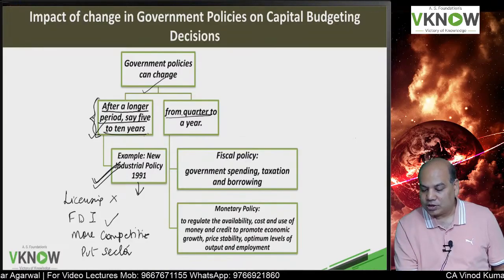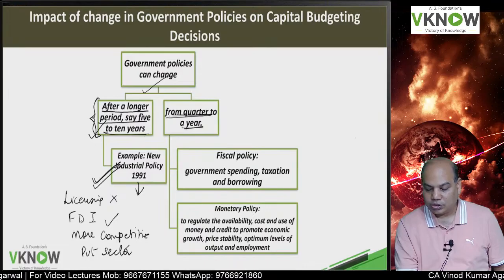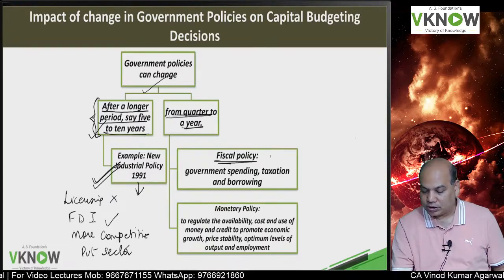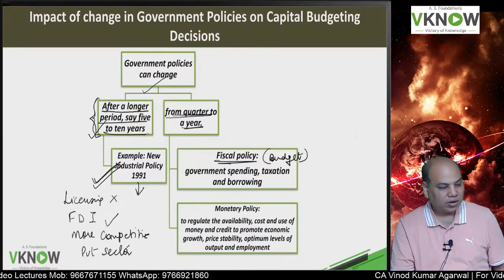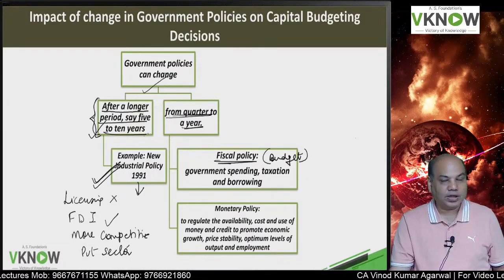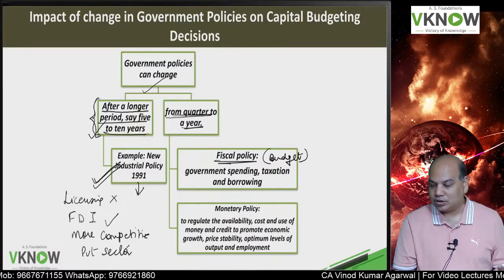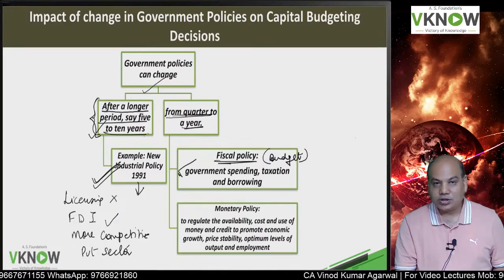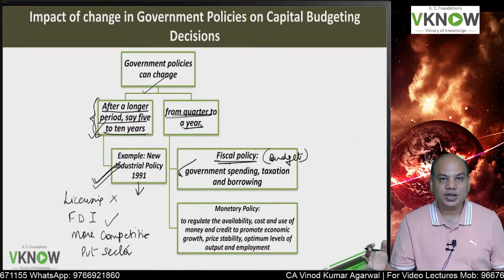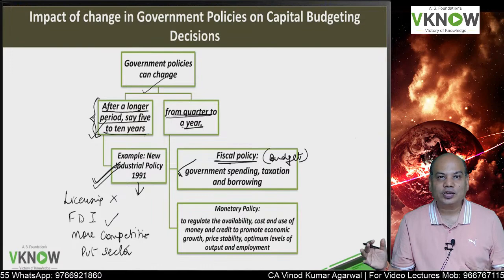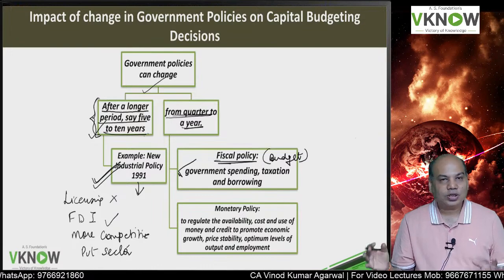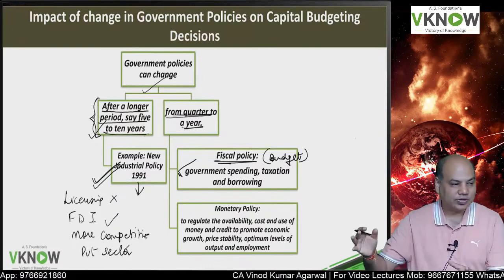Certain policies change from quarter to quarter or year to year. For example, fiscal policy means budget, that is presented every year. In that budget, the government announces their spending policy, expenditure, which sector they are going to spend more on. So now they are spending more on infrastructure.